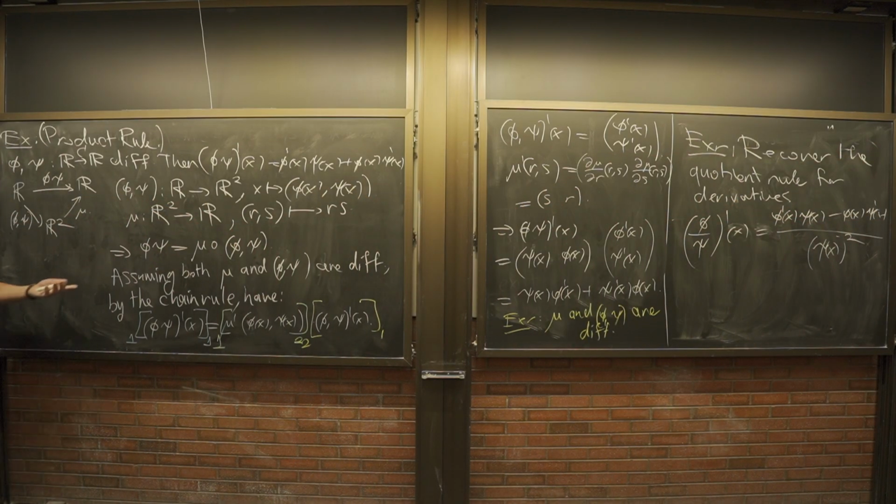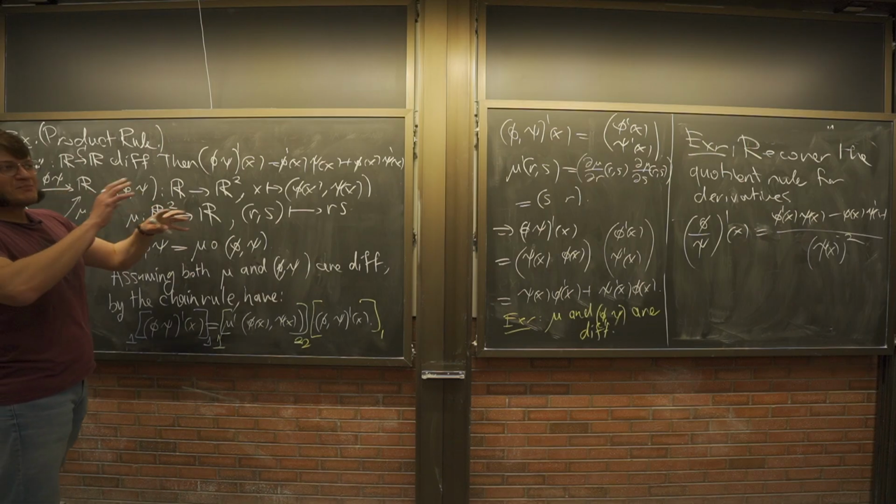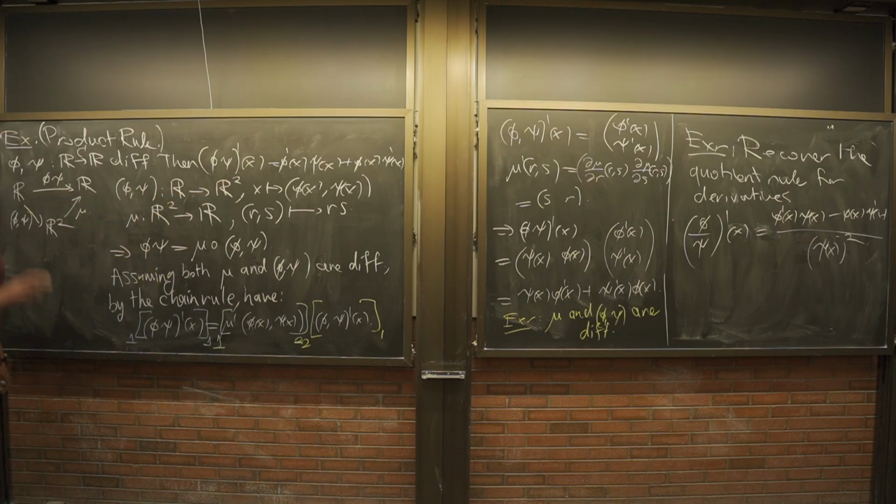So the point of this exercise is to repackage this, the ratio of two functions, as the composition of a couple of perhaps simpler looking functions, and then apply the chain rule to recover this formula again. So that's that. Any questions about these?